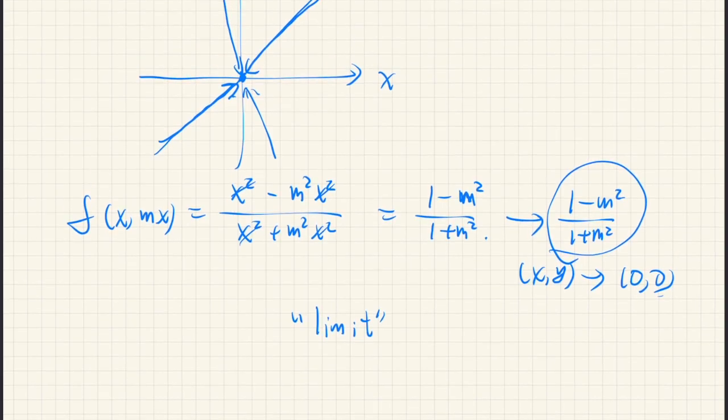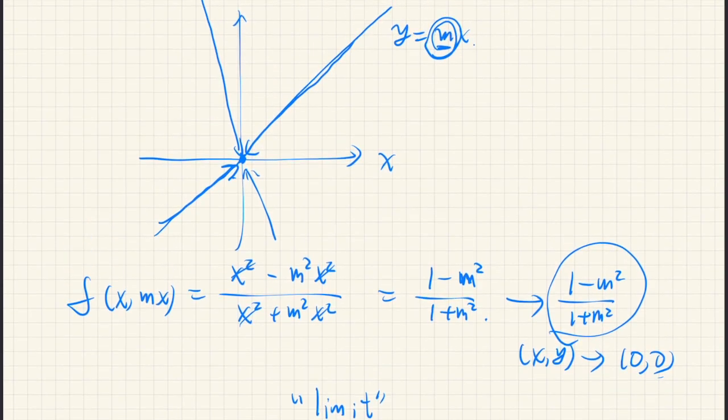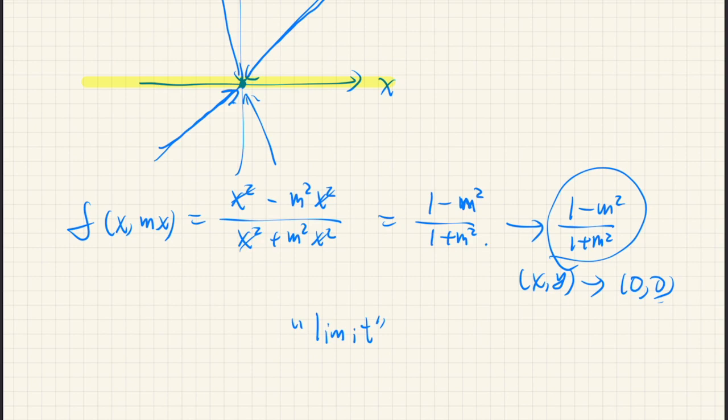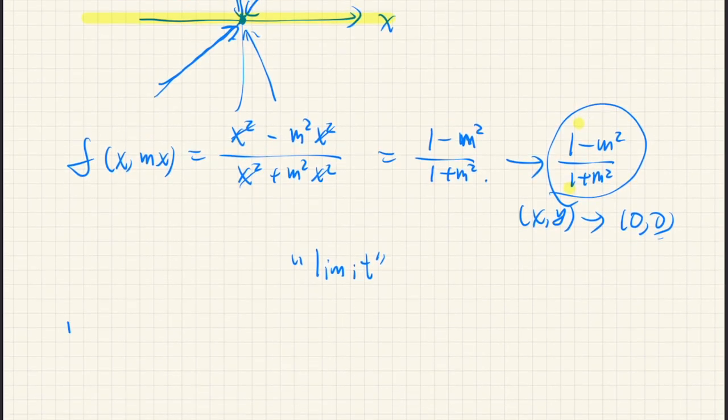For example, if m is 0, so that is along the x-axis. So when m is 0, y is 0. So we have 1 over 1, so that is 1. So if m is 0, then the limit is 1.